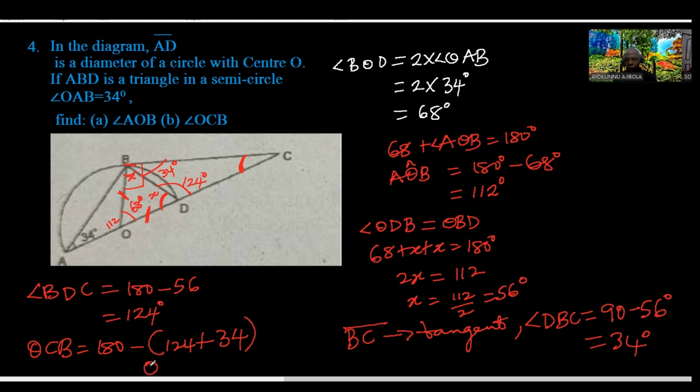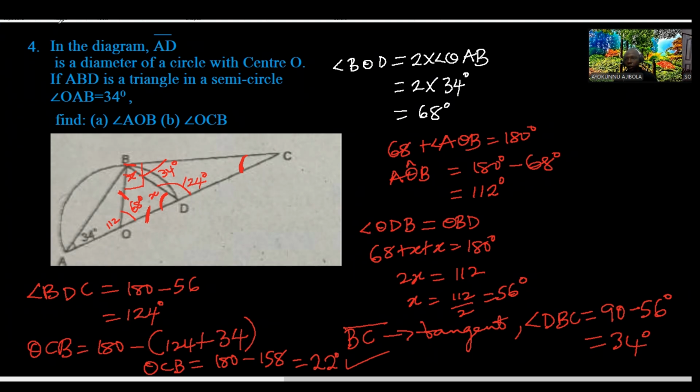So OCB now equals 180 minus what is 124 plus 34? 158. So what is 180 minus 158? 22. So that is how to find the angle. Is that clear now?